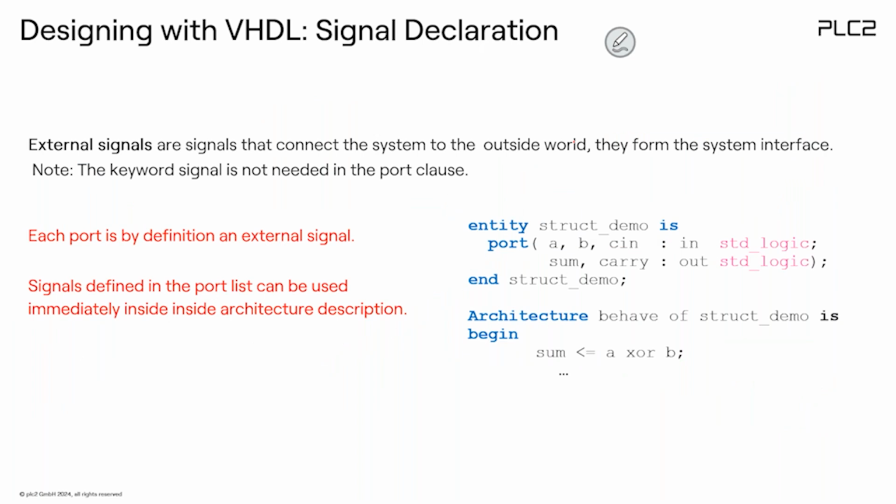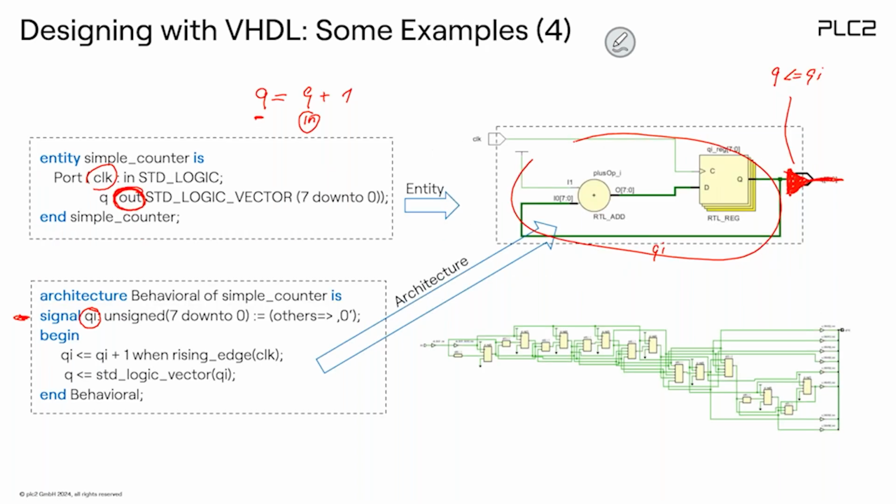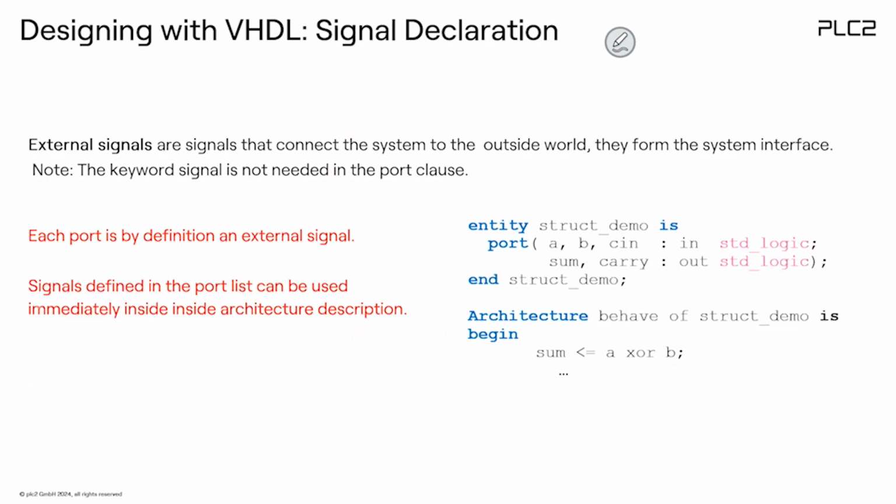Okay, here we go. This means signal declaration, like here, we sometimes need to define internal signals. That's called a signal declaration. Again, just as a rule, if you use the ports in the entity, then you can use this signal immediately inside your description.